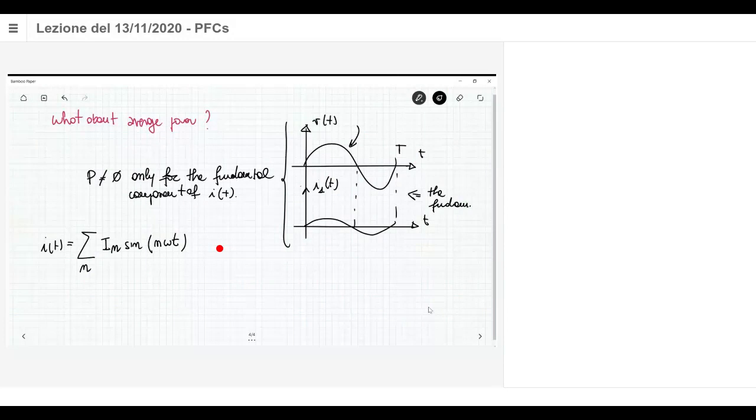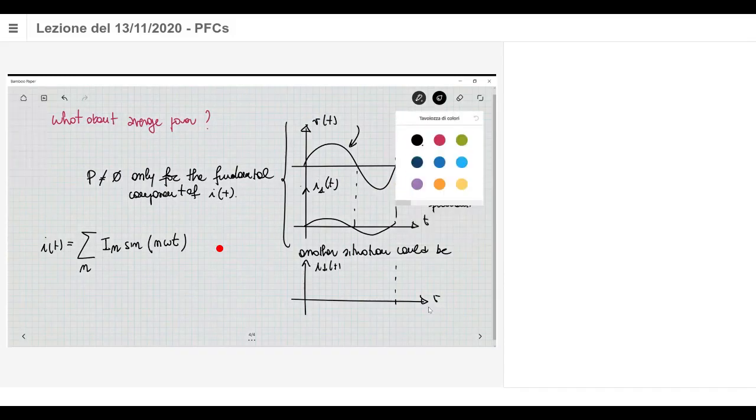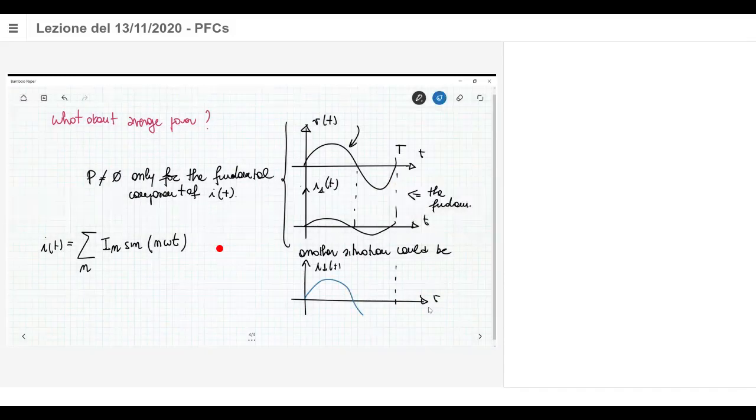Or maybe you can have another possible situation in which the fundamental component of the current is somewhat larger than that I drew before. For example, it can be something like this. Again, this is a fundamental component, but supposing that my fundamental component has a larger peak value than before.